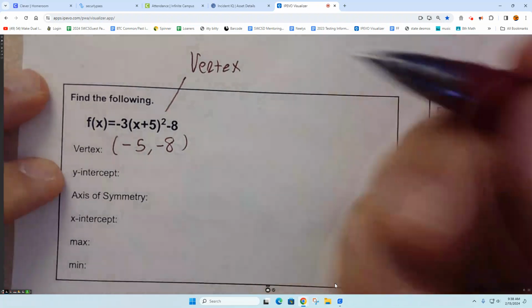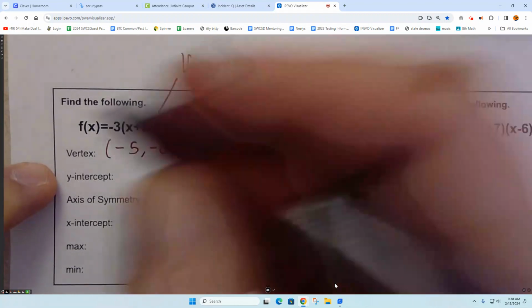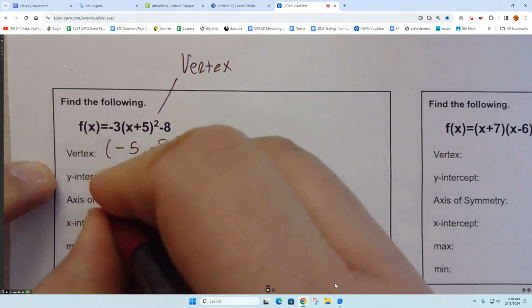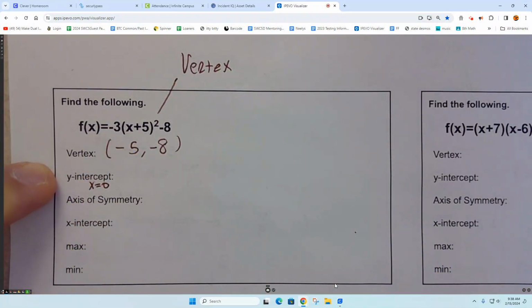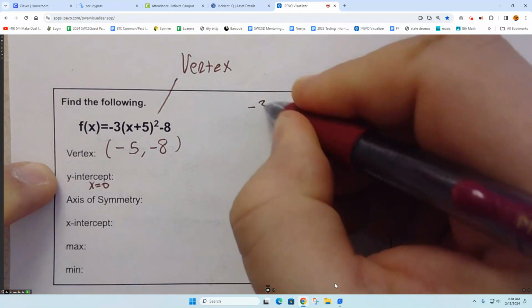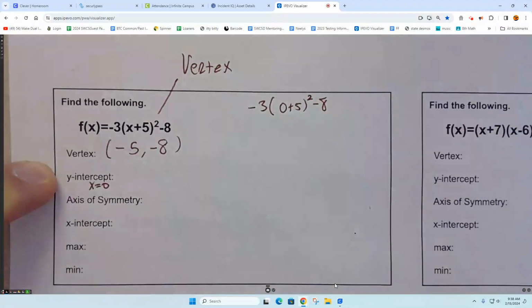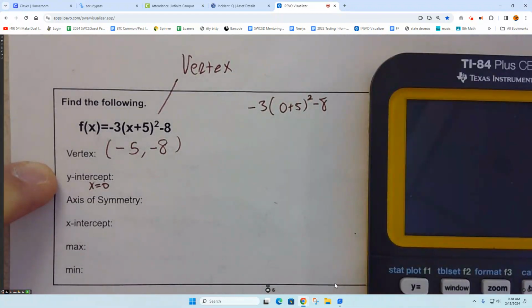Y-intercept means let's plug in what for X. Y-intercept's another way of just saying plug in 0 for X. Some of us, our gut would say it's -8, but that's wrong. We got to be careful. I like doing math over here. -3 times (0 plus 5) squared minus 8. I would totally just type that in the calculator.